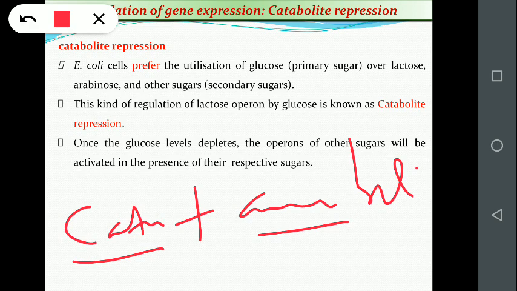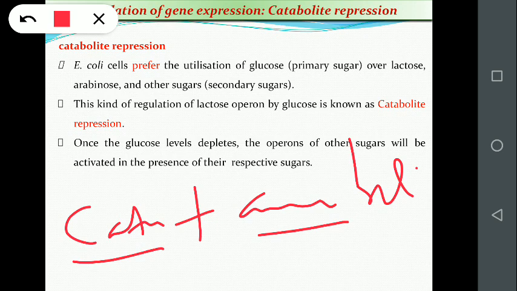That is the simple thing we are going to discuss in this video lesson: the mechanism of regulation of the lactose operon, which is under the influence of glucose. That is nothing but catabolite repression.